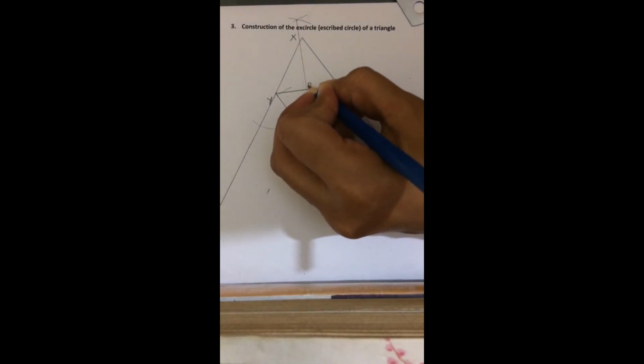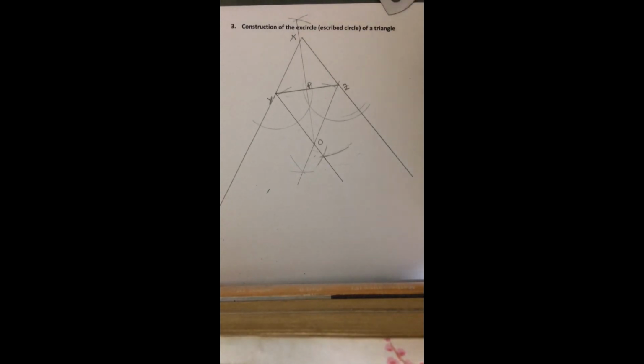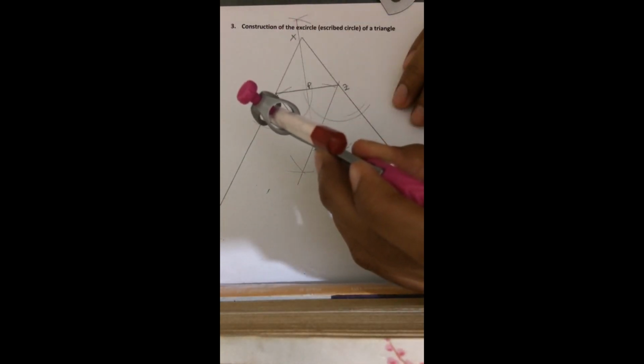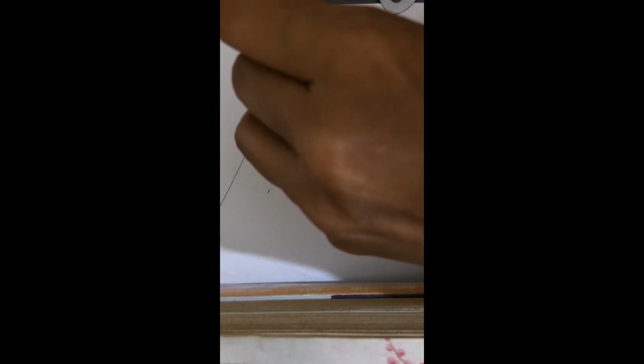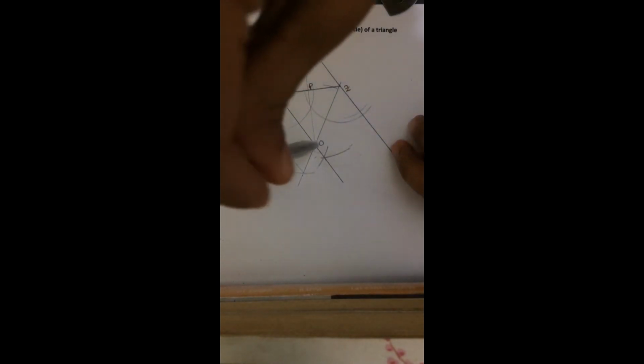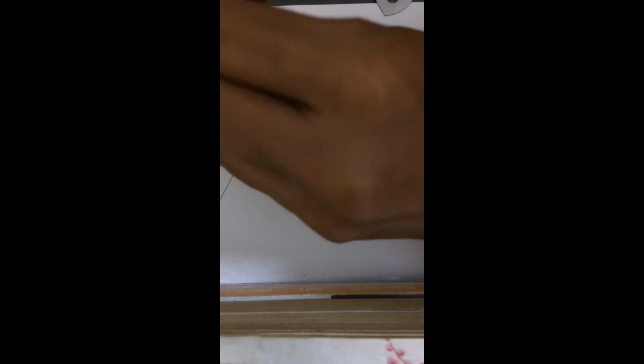Now if I name the intersecting point as P, you can take O as the center and OP as the radius. You can construct the excircle of this triangle. This is the excircle of the triangle.